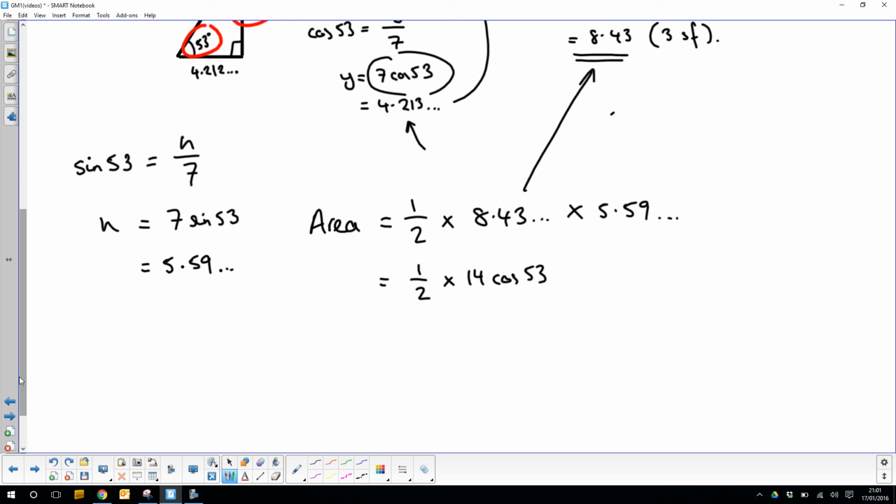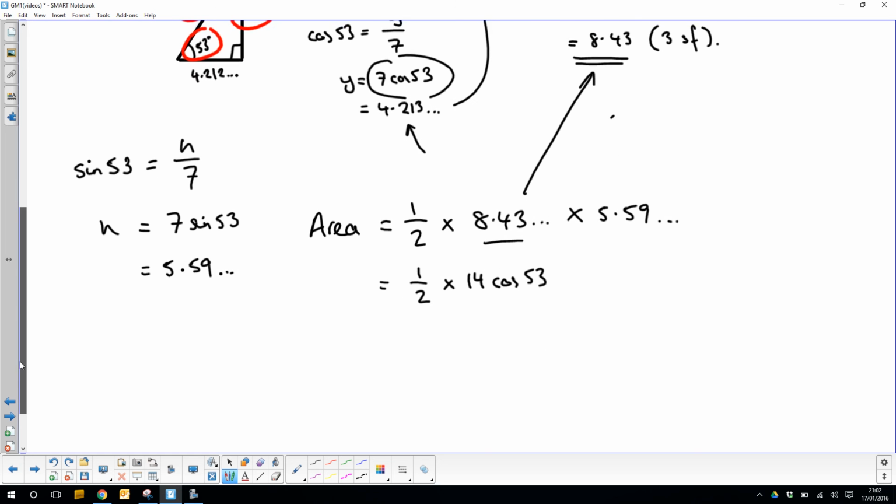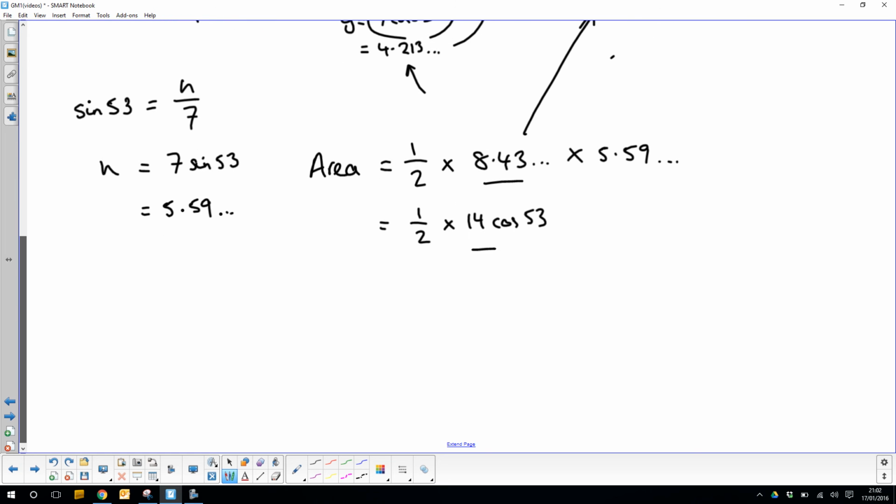The reason I'm doing that is because with this 8.43, I only wrote down 4 or 5 decimal places. That probably is enough, but to be really smart, I'm going to use the exact value, 14 cos 53, and multiply it by the value we found for h, which I'm going to write as 7 sin 53. That one's not such a problem because I've still got it on my calculator display: 5.590444857.